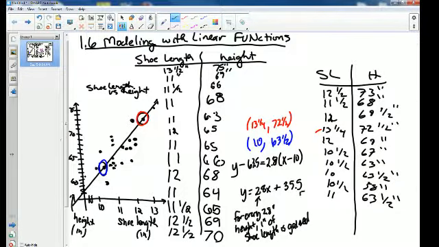What does this mean? That's where you started. It is where we start, but what does it mean in context of this problem? That's a height at which you start. This is a y-intercept, right? So what's the y variable? It's height. So it's the height at which shoe length is what? 0.